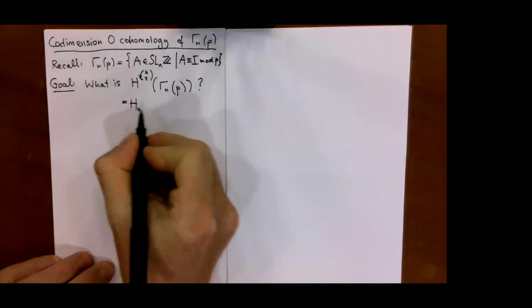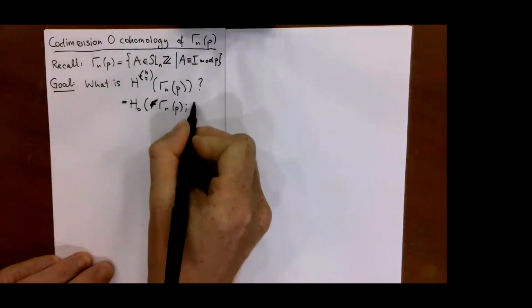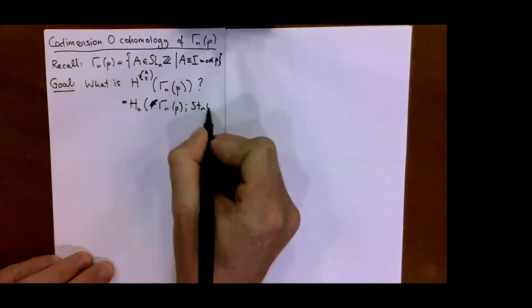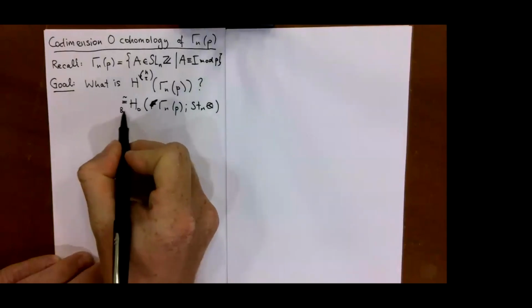I mean, we know that this is H_0 of Gamma_n(p) with coefficients in Steinberg. Now, this is actually true integrally if p is at least 3. This is by Borel-Serre duality.